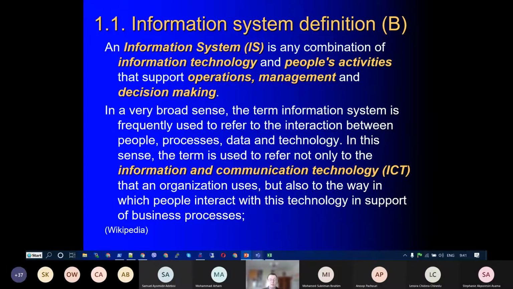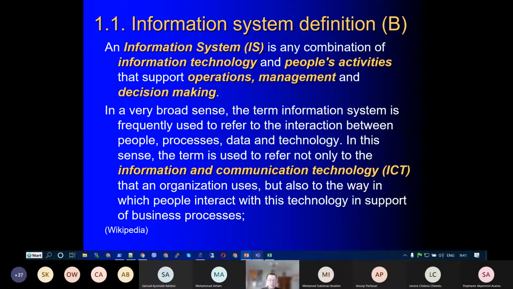So we can see it as any kind of interaction between people, process, data, and technologies. This applies not only to the information and communication technologies an organization uses, but also to the way people interact with this technology in support of business processes in almost any area of human activity.